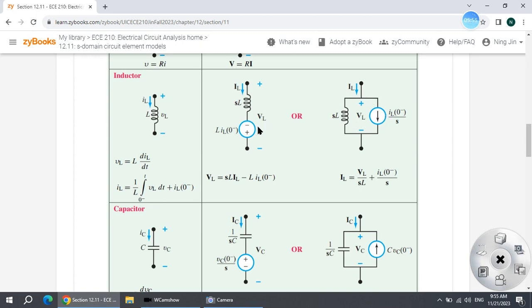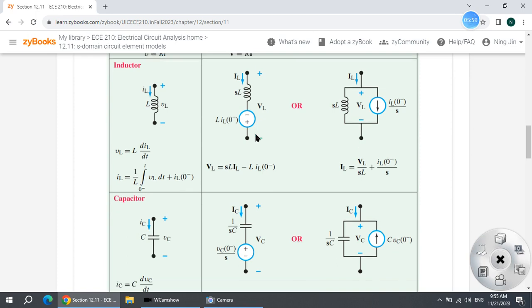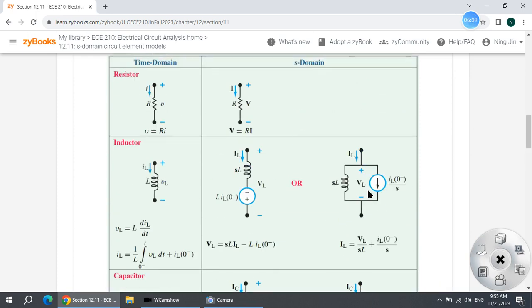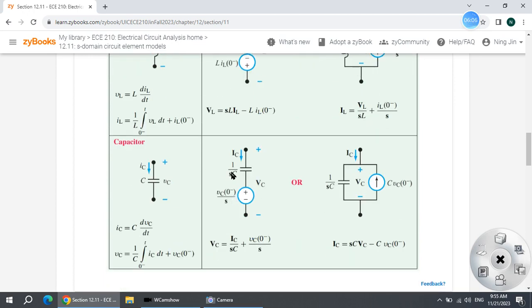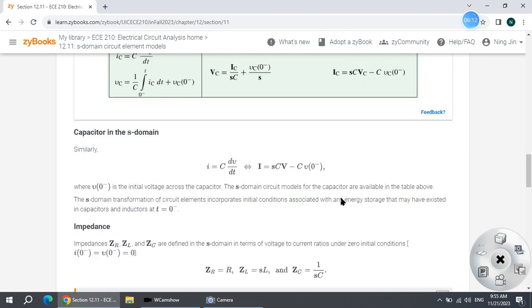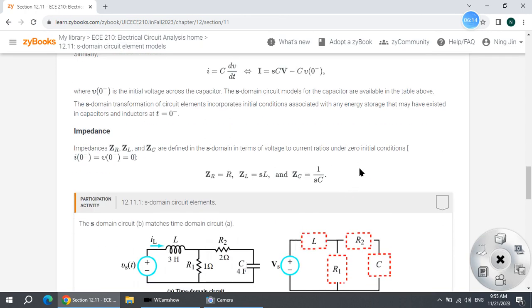But in our example right now, the initial value is just 0, so we do not need these two sources. And C will be 1 over SC, similar. With 0 initial value, we do not need these initial terms either. And then let's go back.